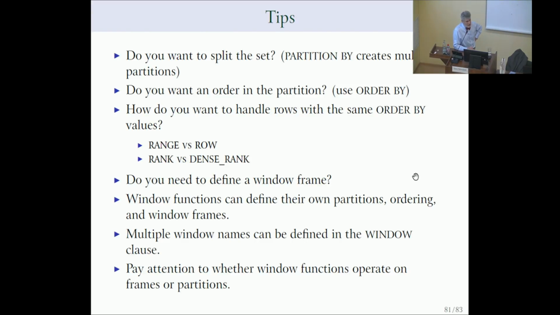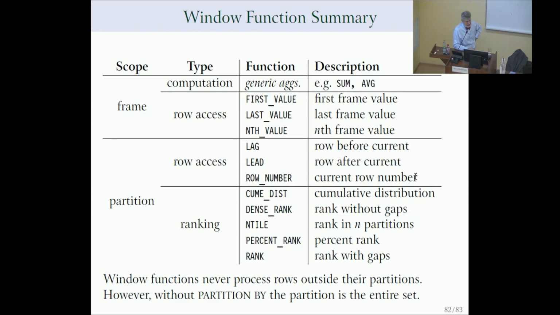But also pay attention to whether a window function operates on frames or partitions. Specifically this slide right here. The upper set of window functions all operate on frames. Remember, unbounded preceding to current row, range mode, rows mode, these all affect these functions. That is the generic aggregates, sum, average, count, for example.